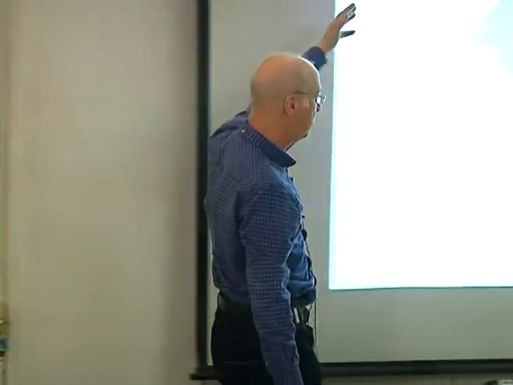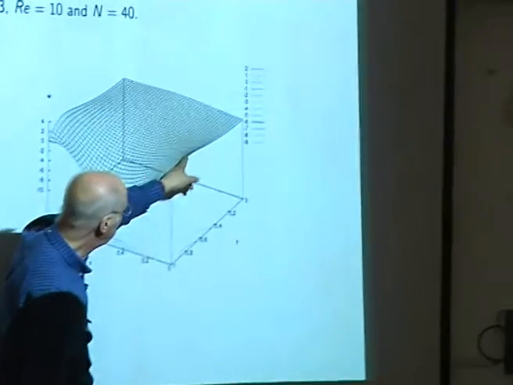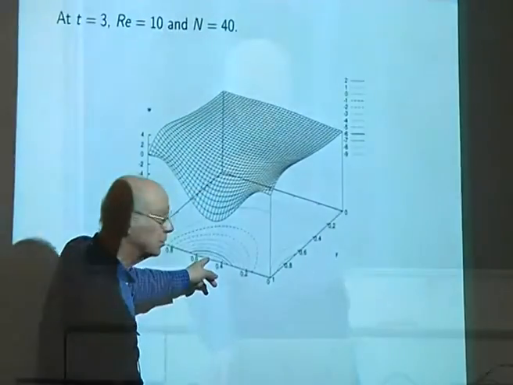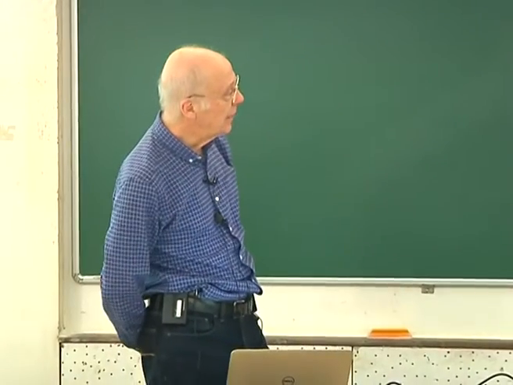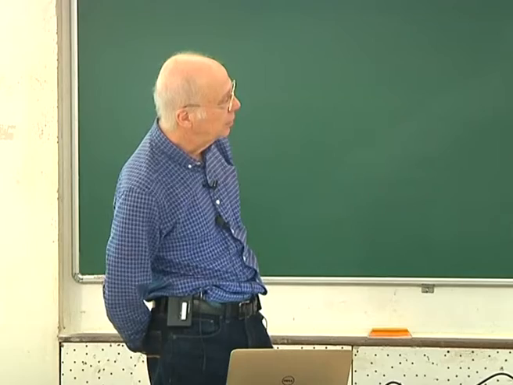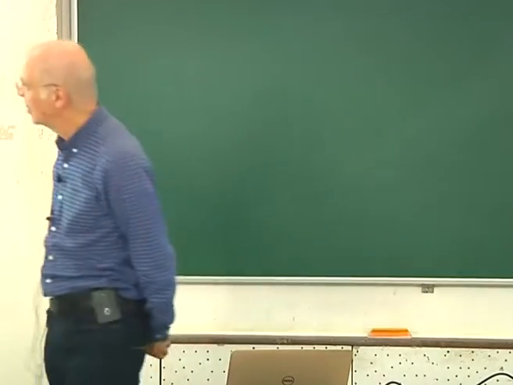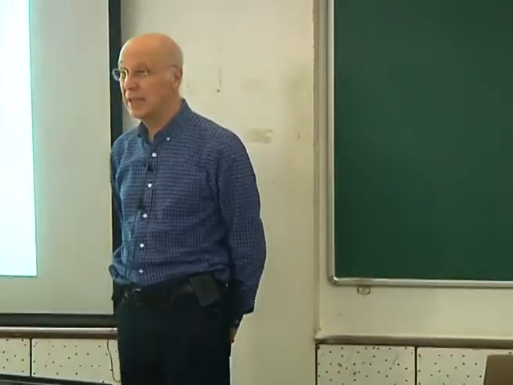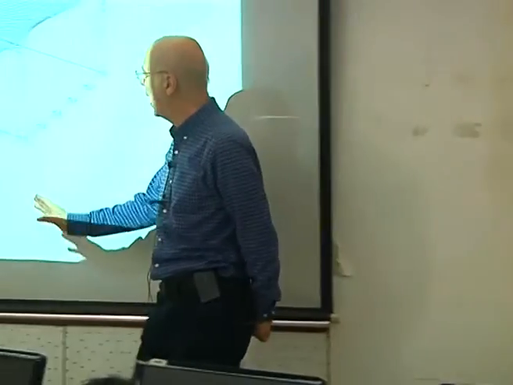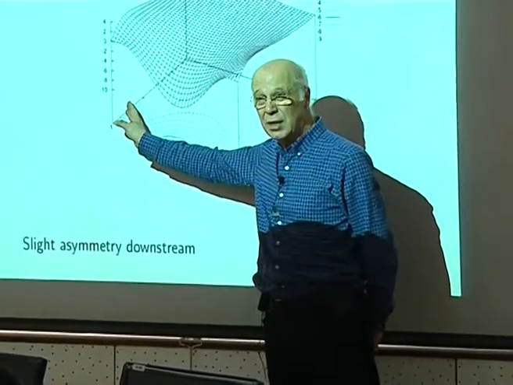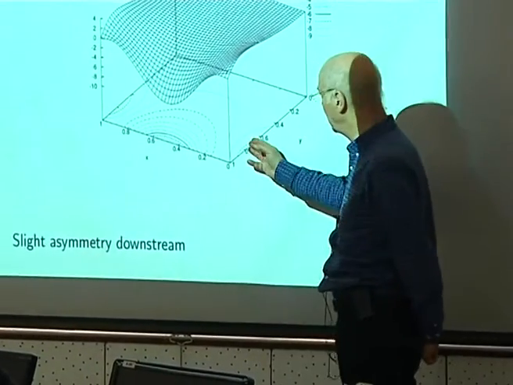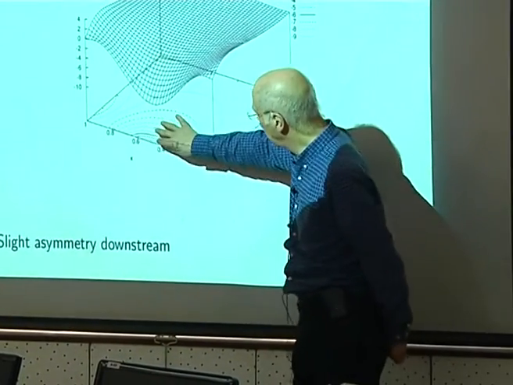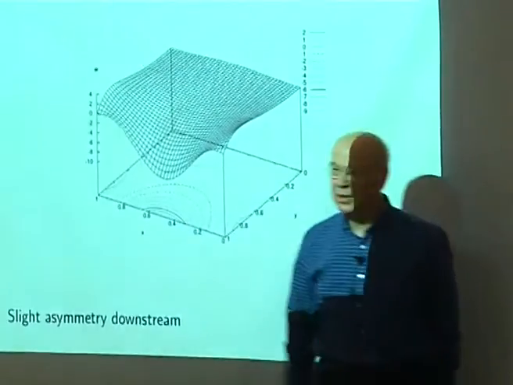Okay, so you put up a plot, make sure you can see the positive vorticity, the negative vorticity. At Reynolds number 10, if you stare at the bottom picture, the contour plots, you can see there's a little more vorticity on the x equals 1 side, on the downflow side, than there is on the upflow side. This pattern of vorticity here is shifted just slightly sideways.